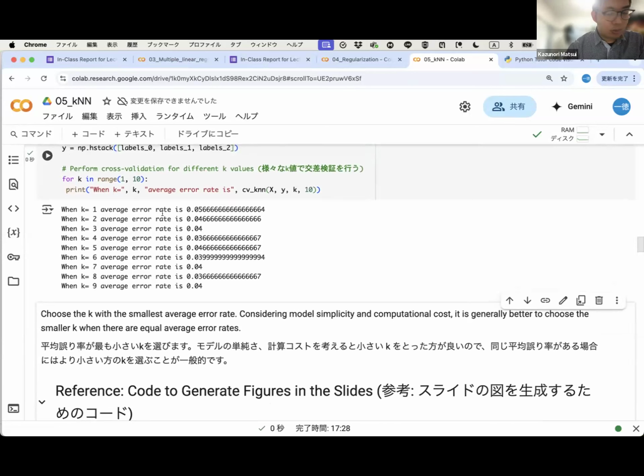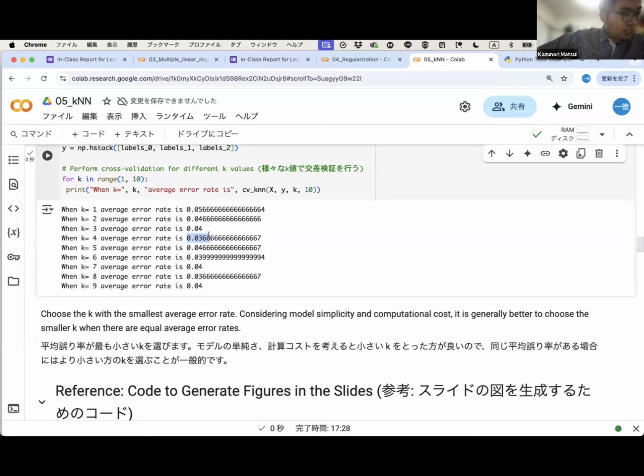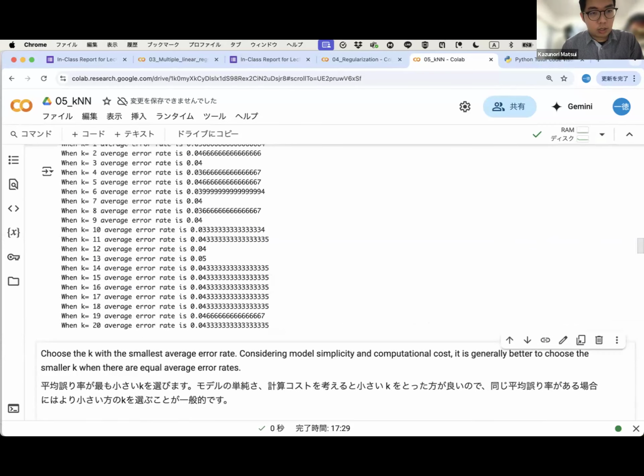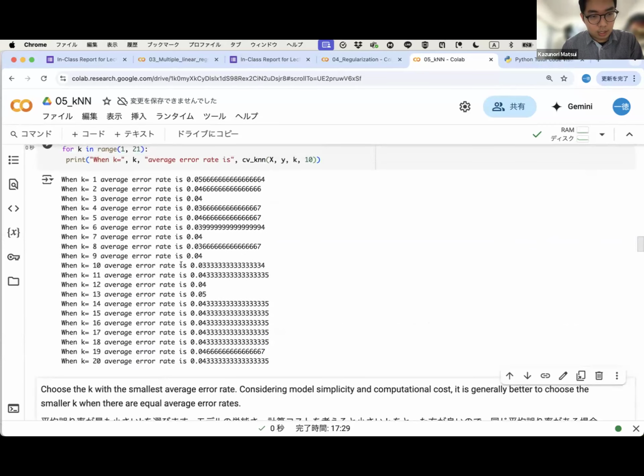In this case, we can see 0.0036 is the smallest error, so it makes sense to choose a small k. In this case, this is case 4. If we choose more data, then k is 10.